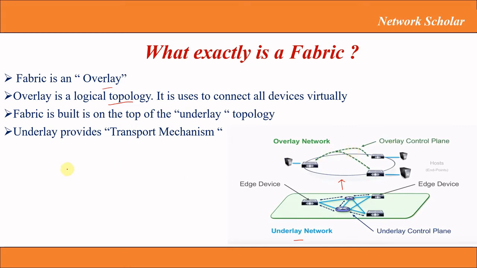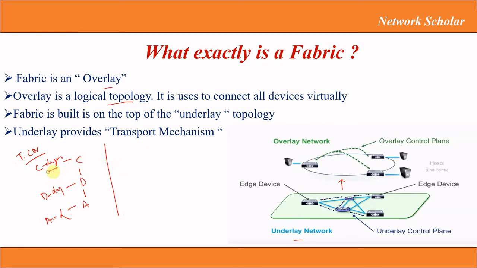Let's say in the traditional network, we have a core layer, and the core is connected to the distribution, and the distribution is connected to the access. So we have the core layer, the distribution layer, and the access layer. This is our traditional campus network. What changes have been made in the fabric? The terminology has changed.